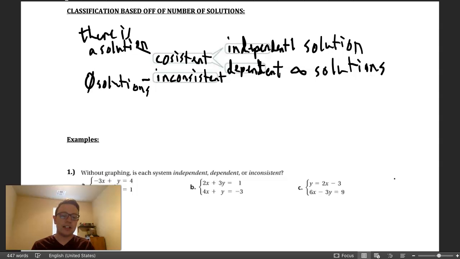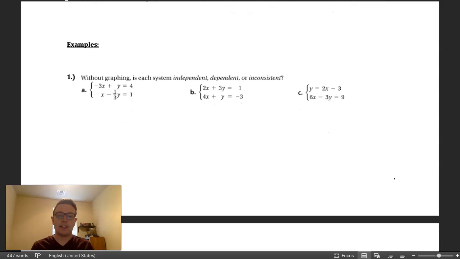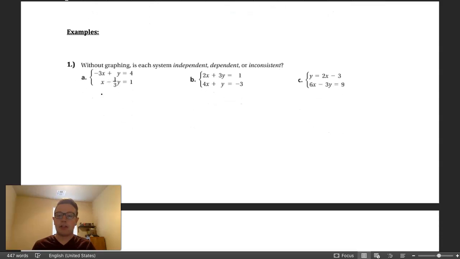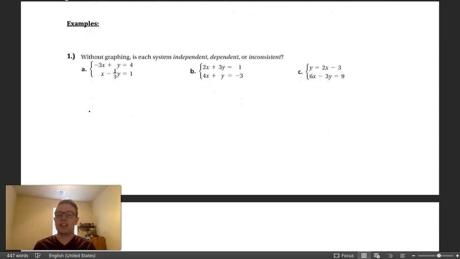So let's go ahead and take a look and try to figure out what these systems are. Without graphing, we're trying to determine whether these systems are independent, dependent, or inconsistent. So independent, meaning one solution, dependent, infinite, or inconsistent, zero. How are we going to do that? We're going to set these in y equals form. So this top equation becomes y is equal to 3x plus 4.